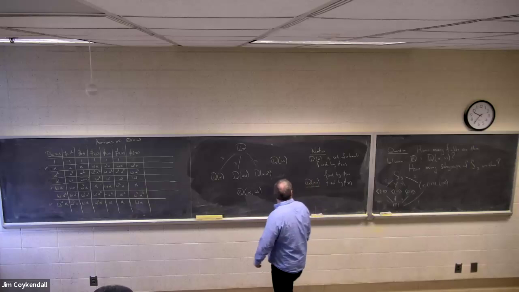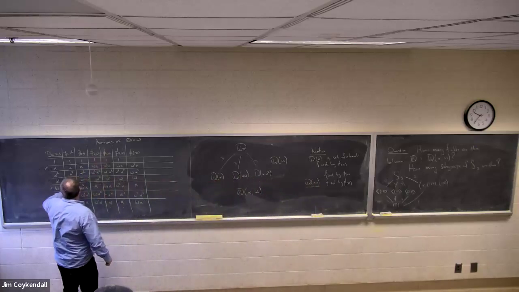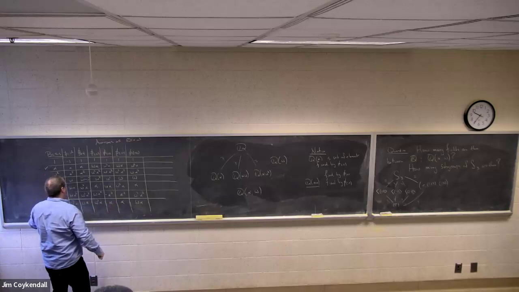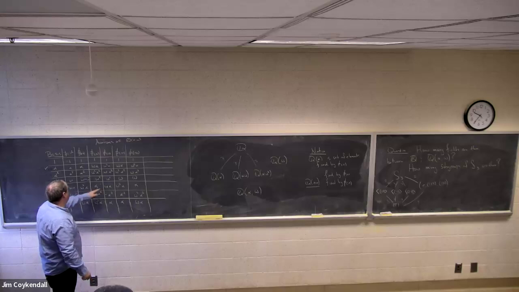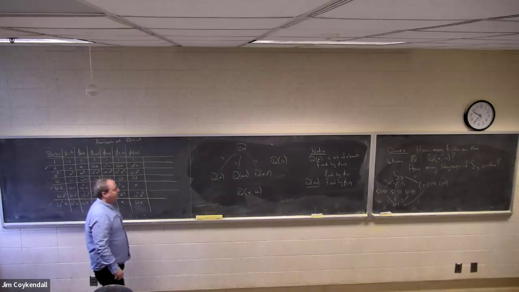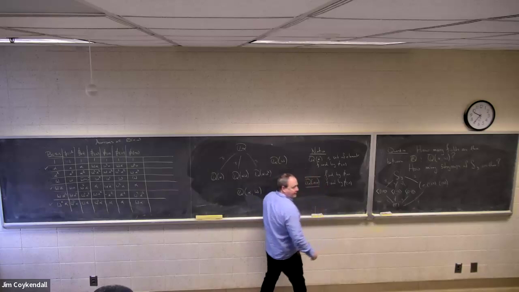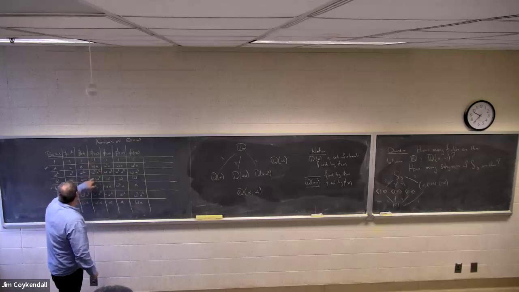Now it's clear, I think, that the subfield fixed by 1,3 is just Q omega alpha. What is the subfield fixed by B12? So in this column here, alpha is moved.